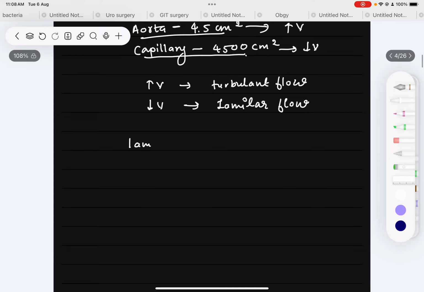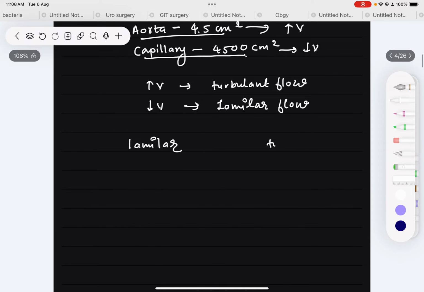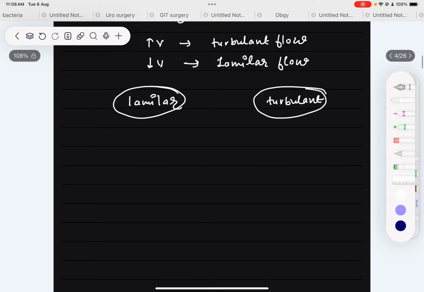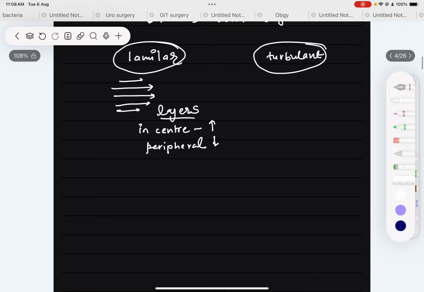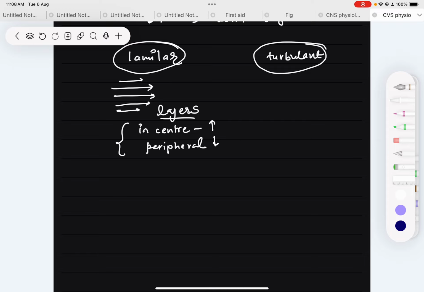So now we are going to discuss laminar versus turbulent flow. Laminar means, as the name suggests, it is going to flow in layers. In the center part, the velocity will be more, and in the peripheral part, velocity will be less, and it is silent.